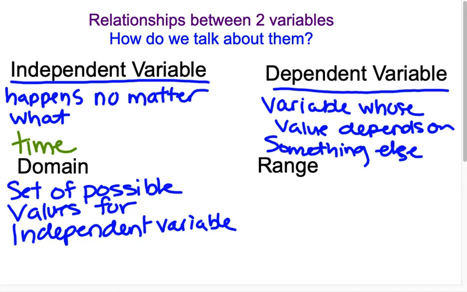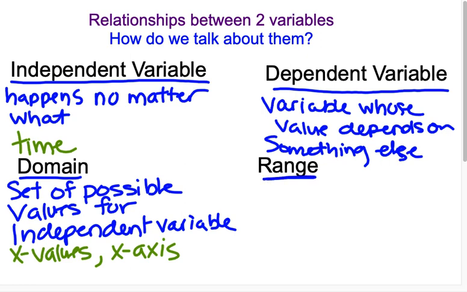There's a reason I wrote domain underneath independent variable. Those match up. They are most oftentimes considered your x values because they tend to sit on the x-axis. When you graph things out, your independent variable goes along the x-axis.